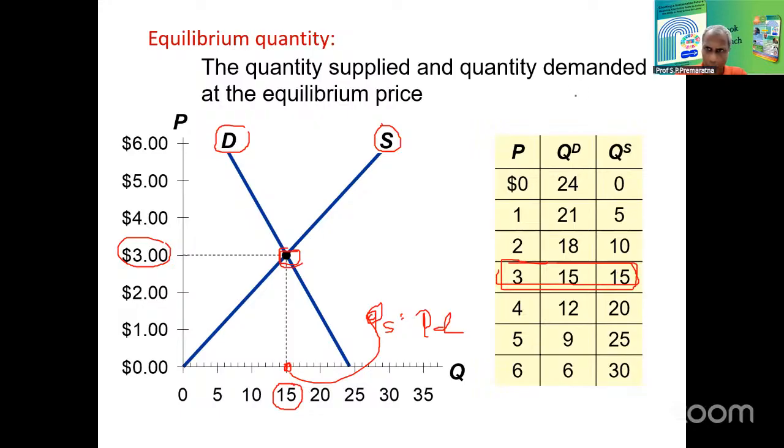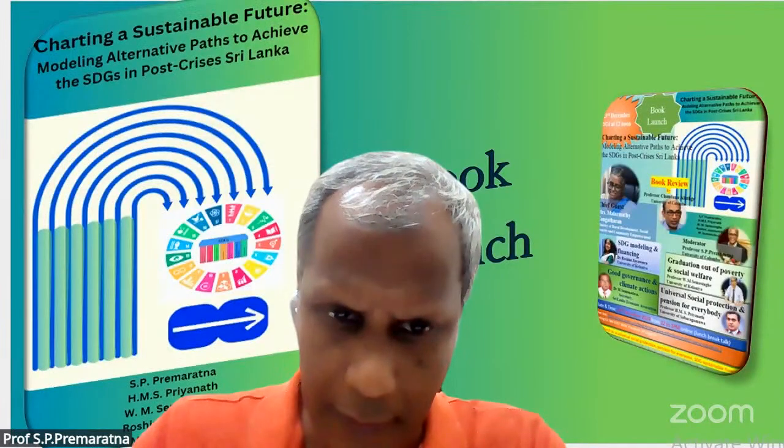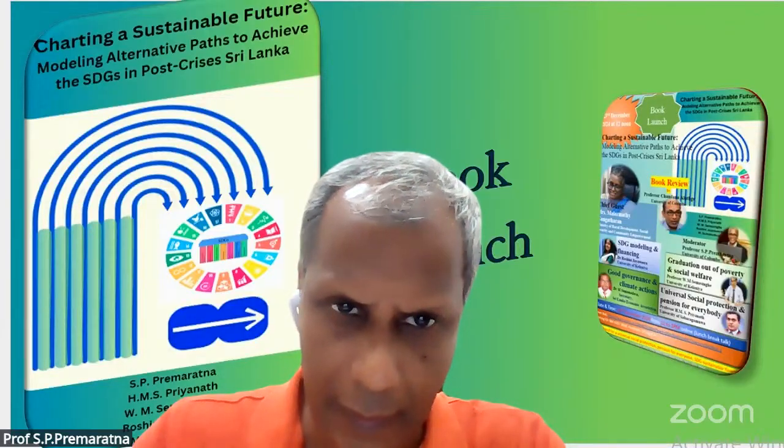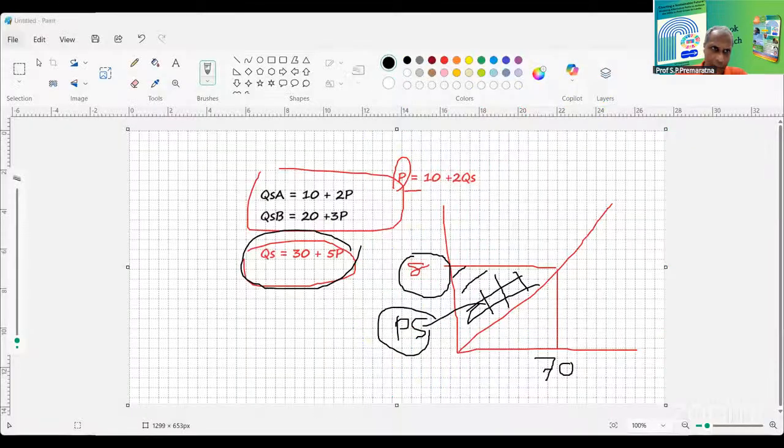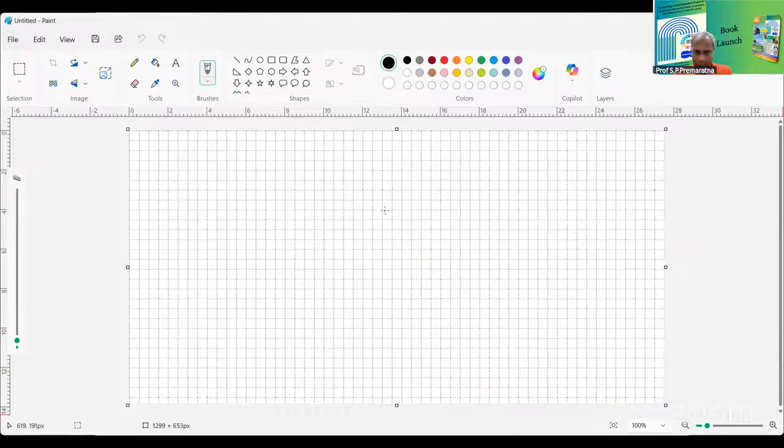Now, what we do: taking the demand and supply functions, we can identify or measure the market clearing price and quantity, in other words, equilibrium demand and supply.